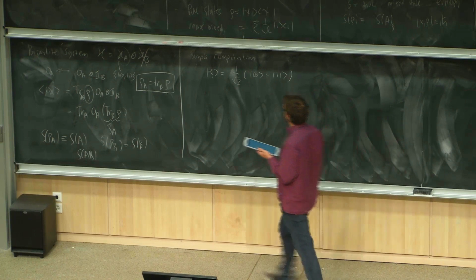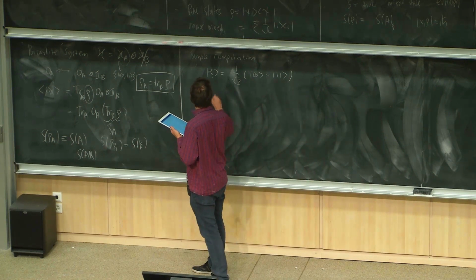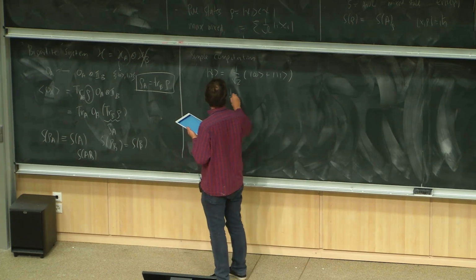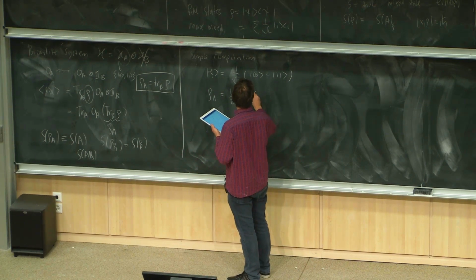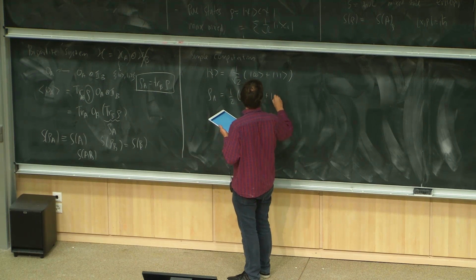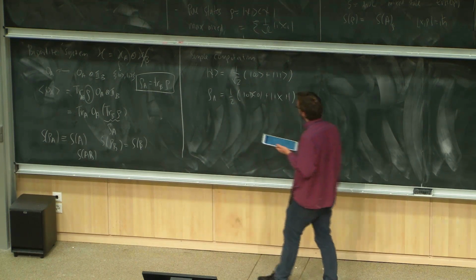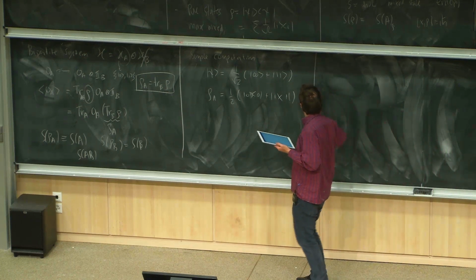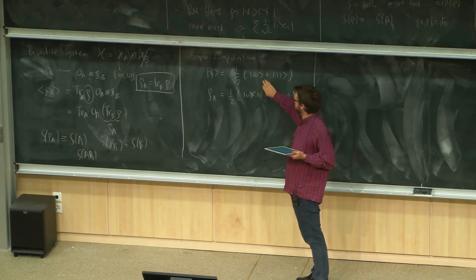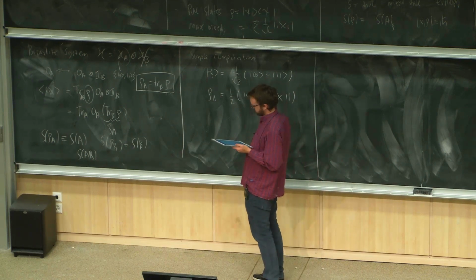And then I calculate using this prescription what is rho A. I'll get something maximally mixed. So I started with a state with maximum certainty, so I knew exactly the state that I was in, and I got something which was maximally mixed.